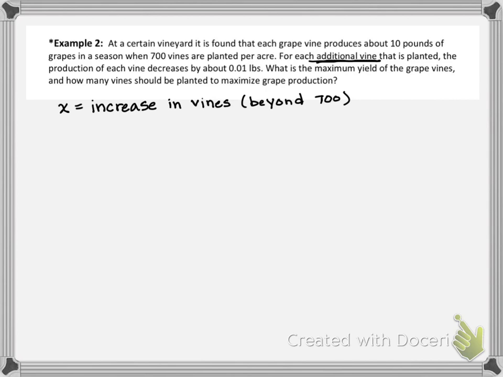So we are talking about maximizing grape production, which means we need a function for grape production. So how many pounds of grapes are being produced? Let's call that g of x, which equals pounds of grapes produced.